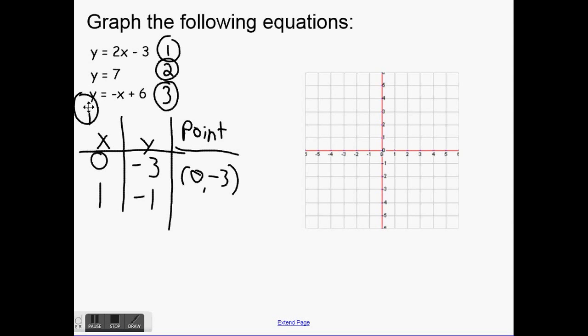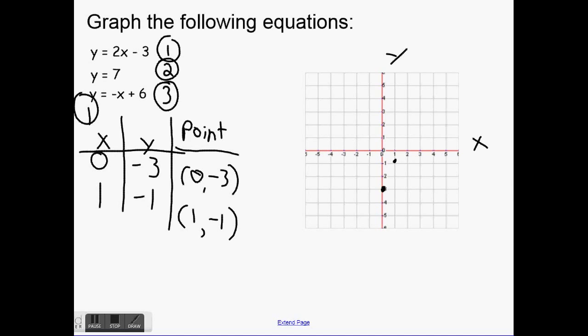You count the numbers: x value, y value. The second point is 1, negative 1. X value, y value. So when you go to your graph over here, this is x and this is y. So when x is 0, y is negative 3, so I get a point here.